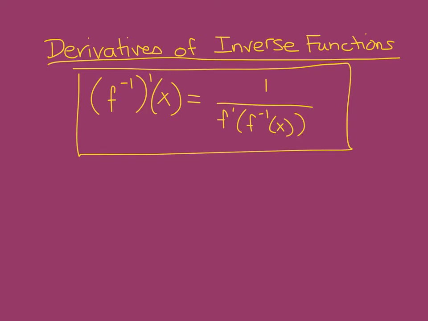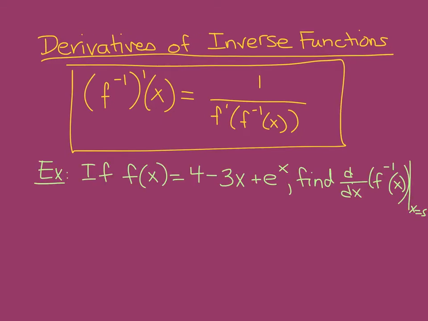The derivative of an inverse is going to be 1 over the composition of the derivative of your function evaluated at that inverse. So let's do an example so hopefully that can clarify things a little bit.